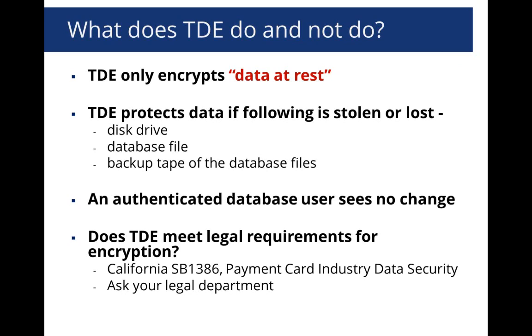So if you encrypt national identifier in PER_ALL_PEOPLE_F, and you enable TDE, if I go in as the apps account, I can fully see it. If I have a custom database account that has access to that table, I can fully see it. The only time it's encrypted is when it's on disk. So if a Unix administrator goes in and steals my database files, it's protected. But once somebody's into the database, it's not protected.